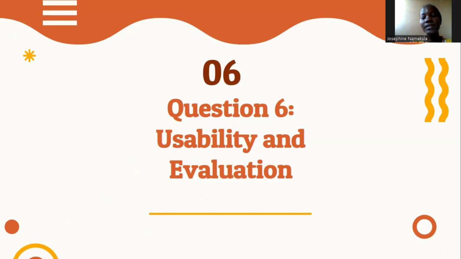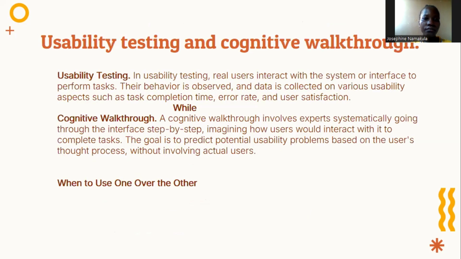So question number 6 is about usability and evaluation. When I move to the next slide, I'm comparing and contrasting usability testing and cognitive walkthrough as evaluation methods, and when one might be preferred over the other. So usability testing: real users interact with the system or interface to perform tasks.